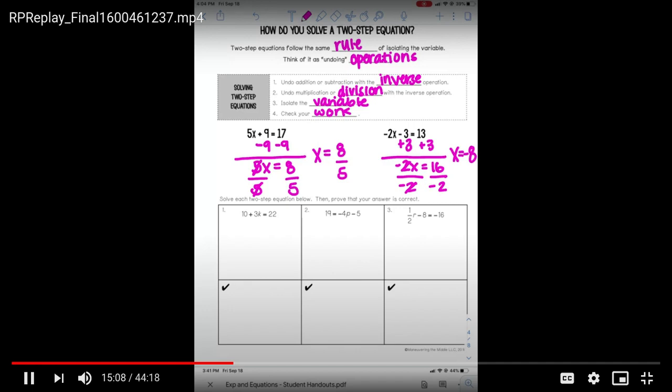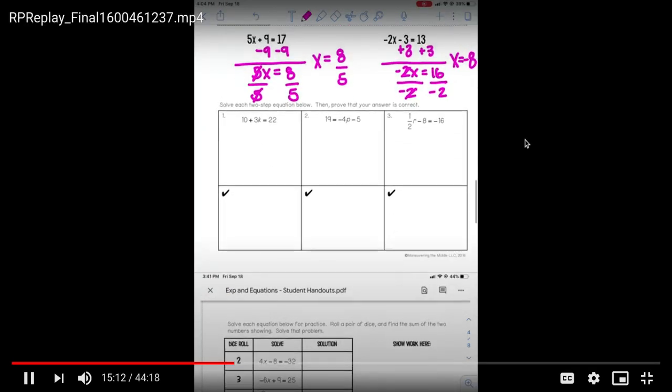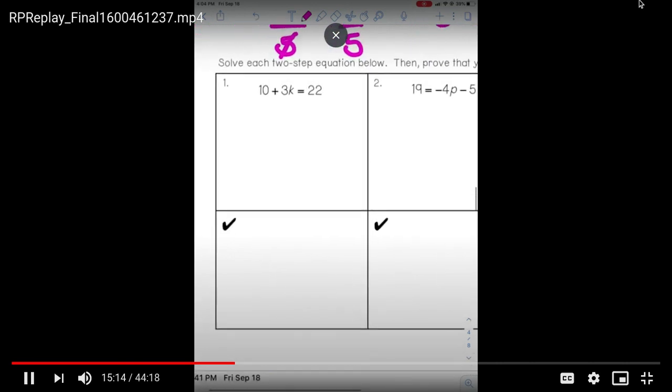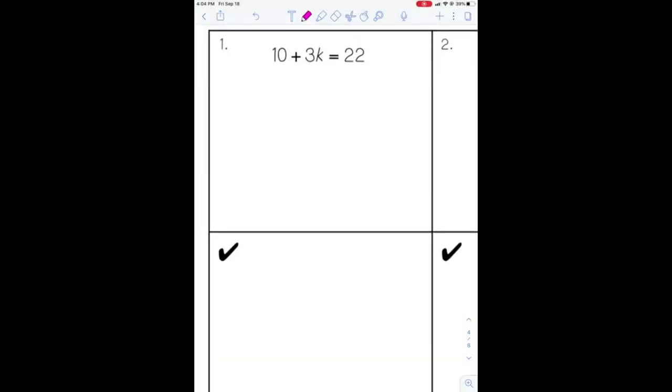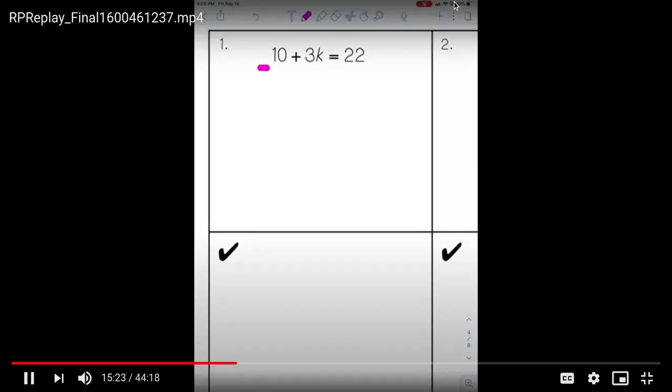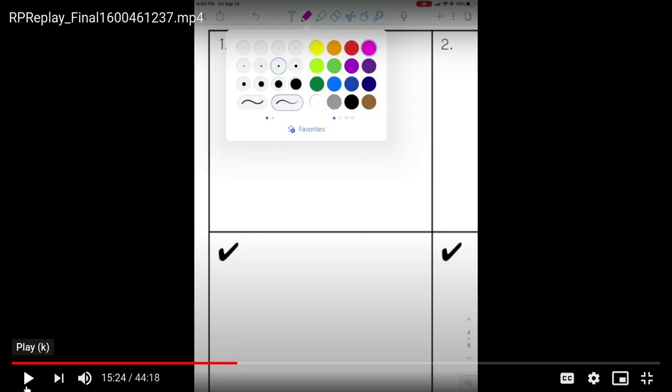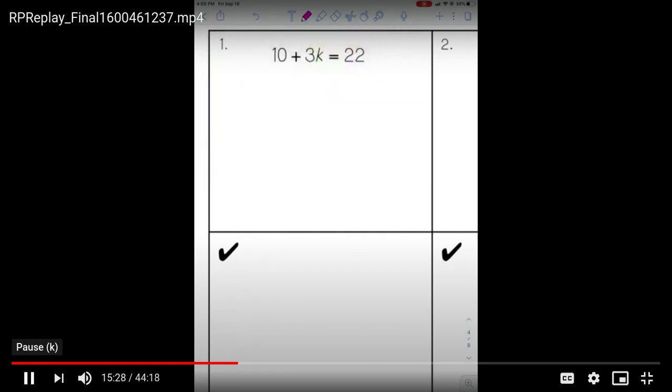So I'm going to work through number 1 here so you can see how to check your work. And then I'm going to have you do 2 and 3 on your own. So same thing. Don't let it trip you up if the constant or the number that's added or subtracted comes first.